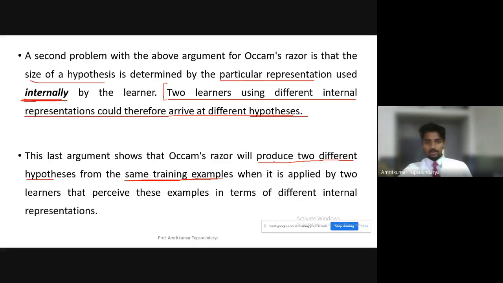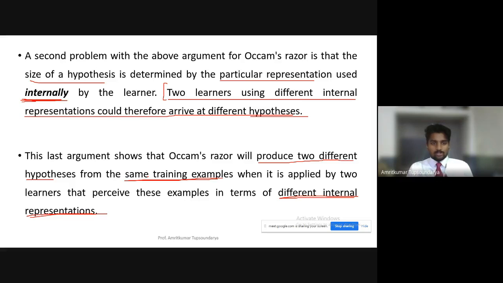Since they produce two different hypotheses from the same training examples when applied by two different learners that perceive these examples in terms of different internal representations, I hope you got the point about the shortcomings as well as the benefits of having a shorter hypothesis, or in general why we prefer shorter hypotheses.